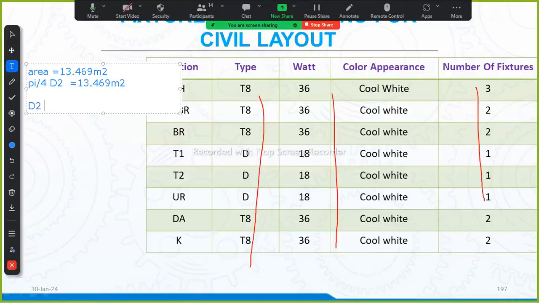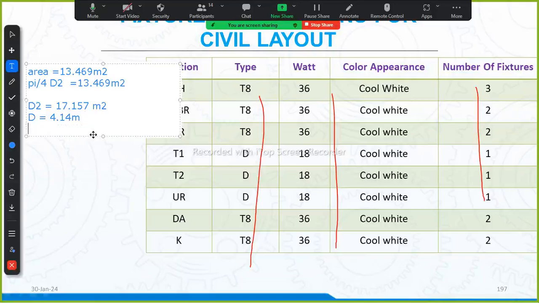When I calculate the d square value, it is 13.469 into 4 divided by pi, 3.14, which gives 17.157 meter square. But I want d, so I take the under root of 17.157 meter square, which is 4.14. The root and square cancel, so the value is 4.14 meters.